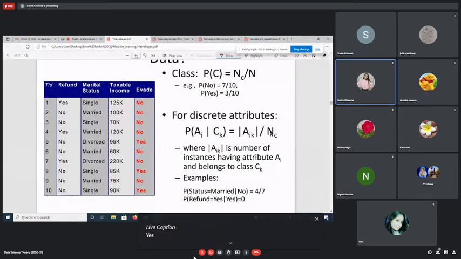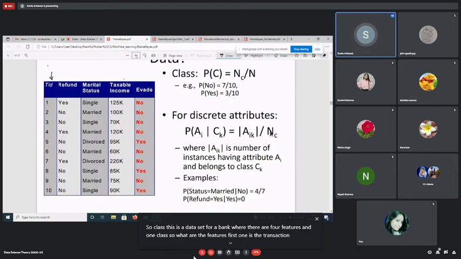So class, this is a data set for a bank where there are 4 features and 1 class. So what are the features? First one is the transaction ID, that is X1. Then the second feature is refund, that is X2. Third feature is marital status, that is X3.